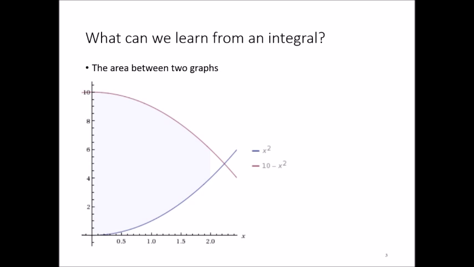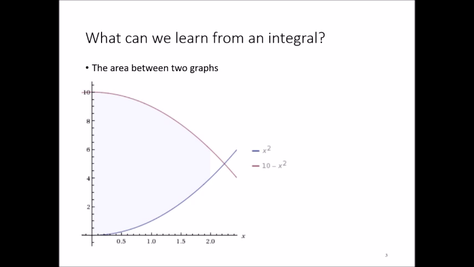So here you can think about the first function, taking the integral of just x squared would give you the area between the blue line on the bottom and the x-axis. While taking the integral of 10 minus x squared would give you the area from that curve all the way to the x-axis.